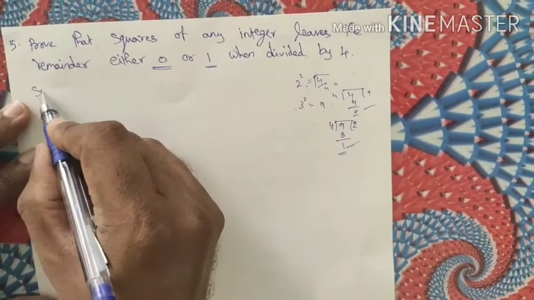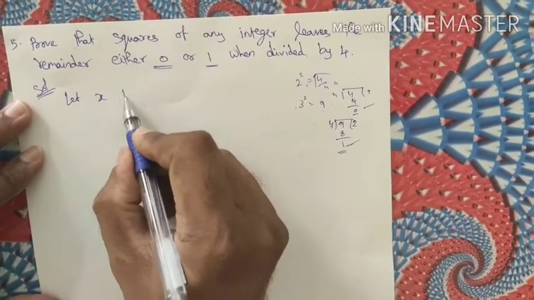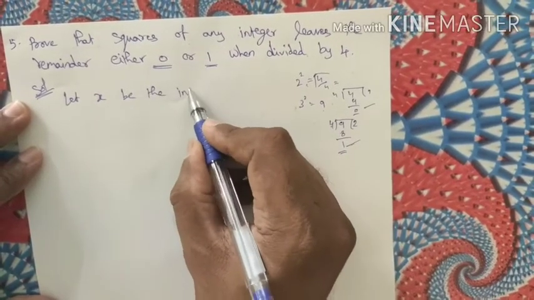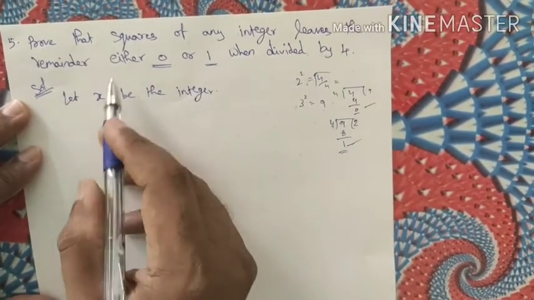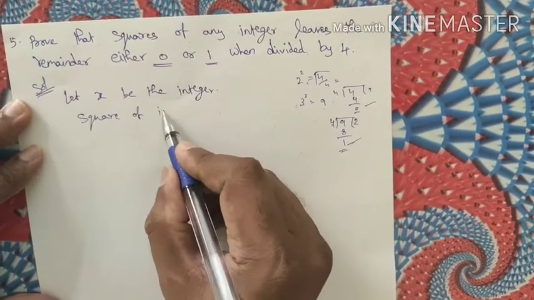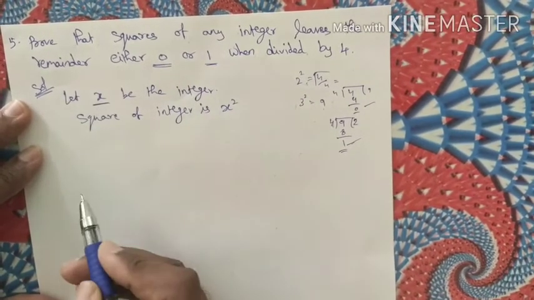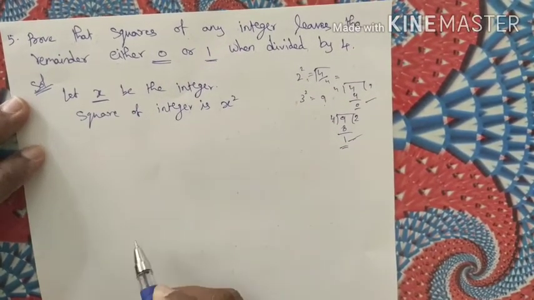Let's see the solution. Suppose I take x to be the integer, and then the square of this integer is x square. Whatever the number. Suppose I choose the first number as an even number.